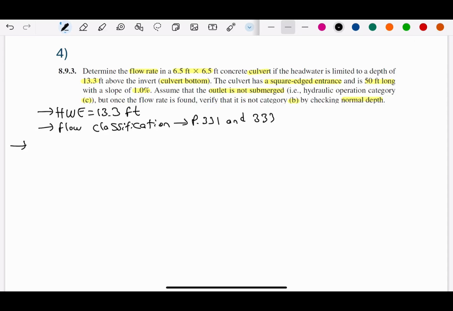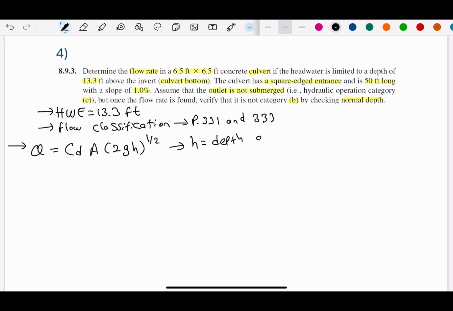So first of all, for classification C, and I think it was on page 333, the Q is calculated using the orifice equation, which is Cd A times (2gH) to the power of 1/2. And here H is depth above culvert center.